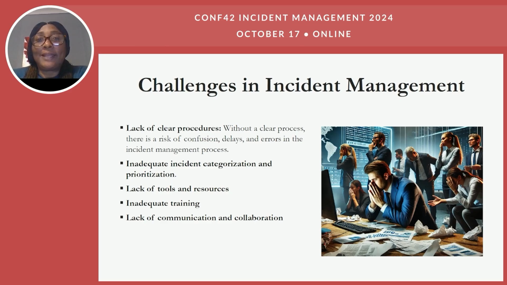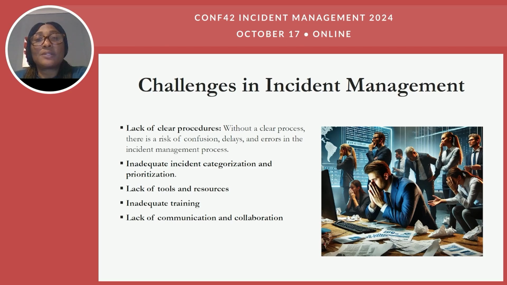And also, there is bound to be errors in the incident management process because at that point, the team might end up working on assumptions without a clear path to follow. We also have inadequate incident categorization and prioritization. This is a major issue. Where incidents are not properly categorized, it can lead to the team giving top priority to the least critical incidents.